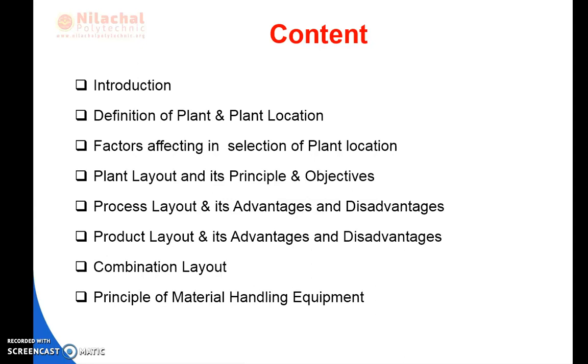In this chapter, we'll study about plant, definition of plant, location, what are the factors governing selection of proper location for building an industry or plant, layout, its objective, principle of making a plant layout, different types of layouts like product layout, process layout and combination layout, along with their advantages and disadvantages.